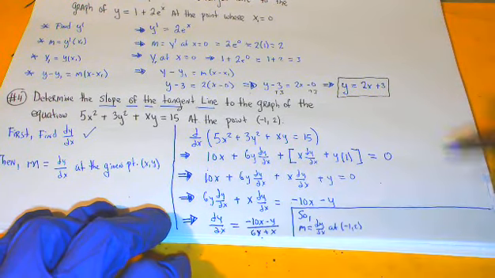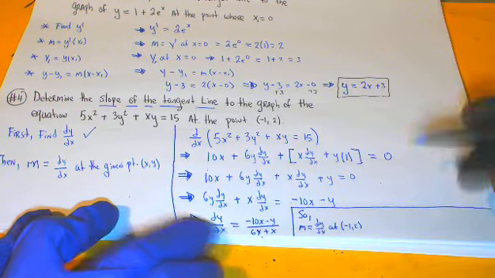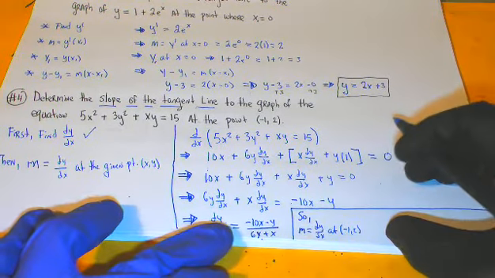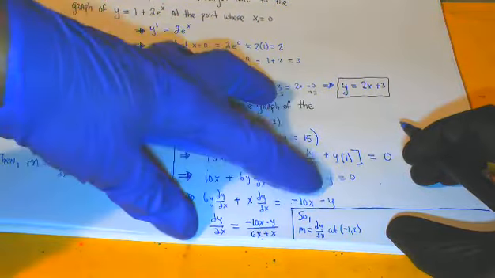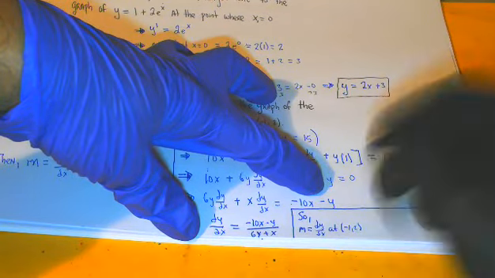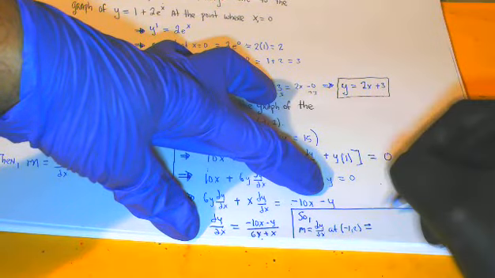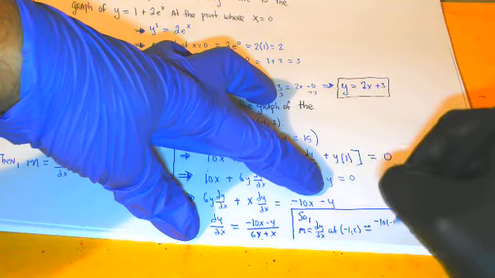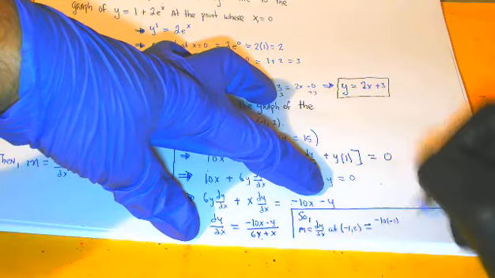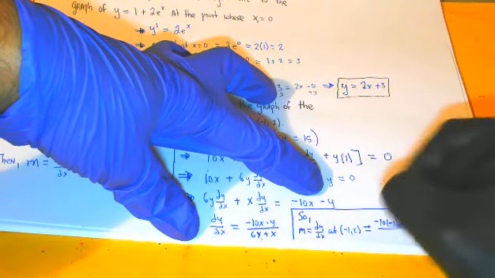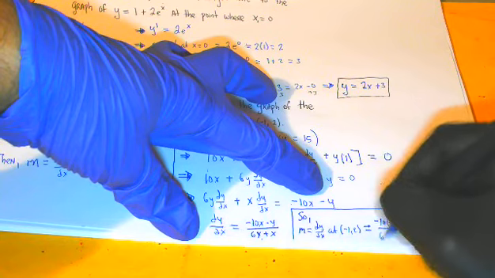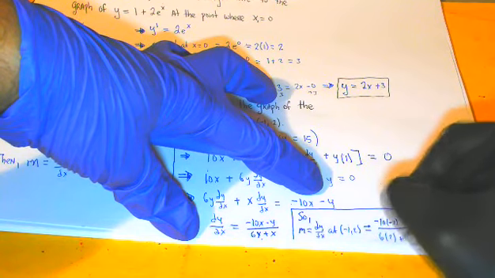So wherever I see x, I replace it with -1. Wherever I see a y, I replace it with a 2. So what we'll get is the following. We'll have -10 times -1 minus 2 over 6 times 2 plus 1.